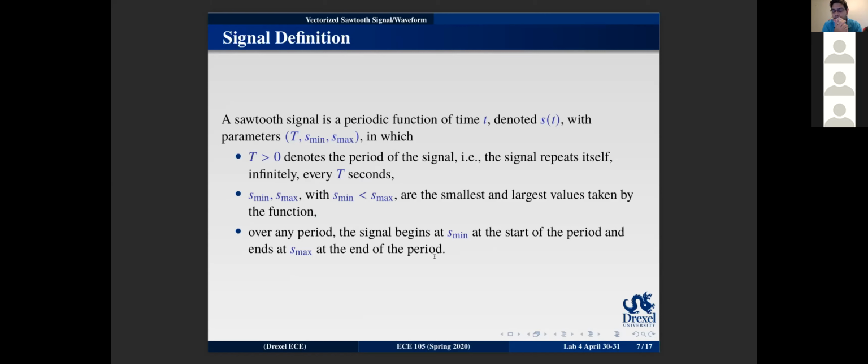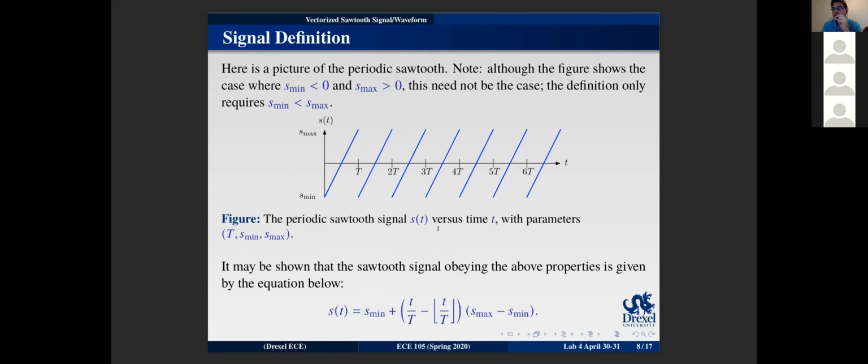At any point of time within a period T, your signal begins at the minimum signal value and moves all the way up in a sawtooth form to the maximum signal value, and falls off in a perpendicular fashion to the minimum signal value and starts over and over again. Okay, let's take a look at an example. This is what a sawtooth waveform would look like.